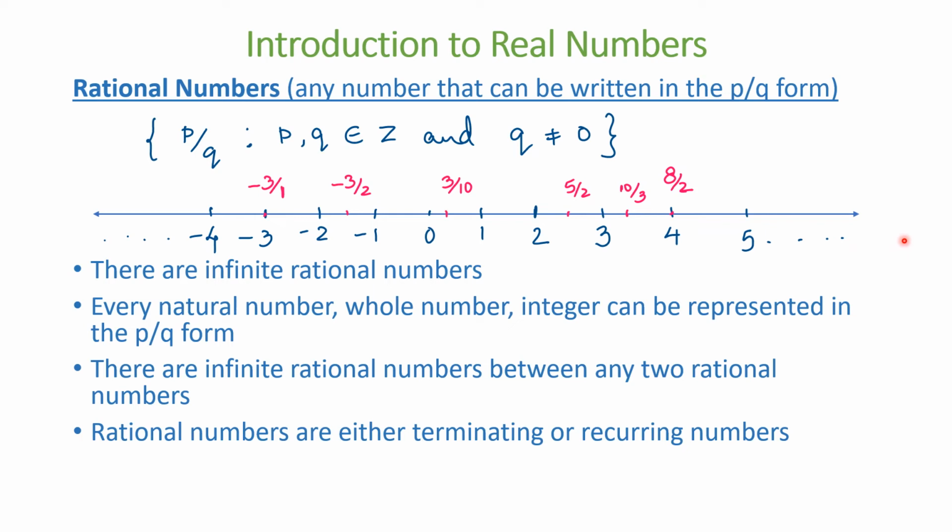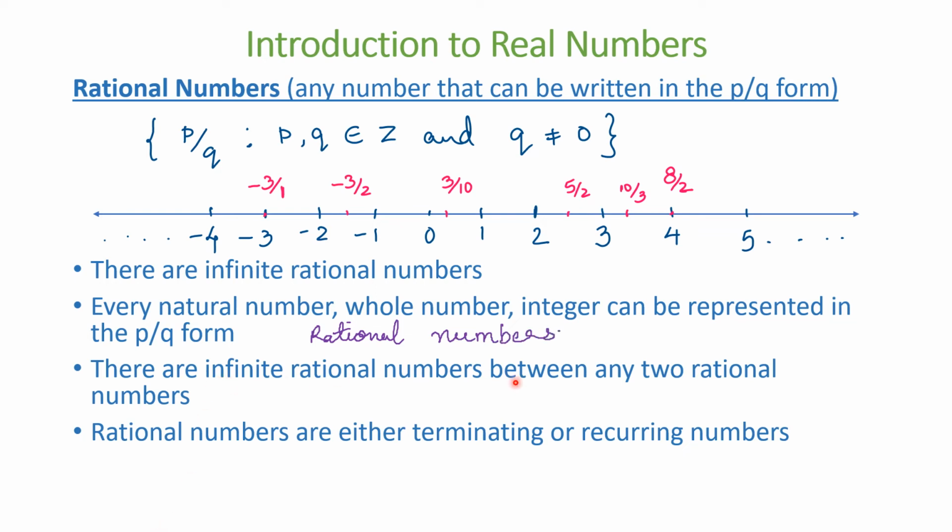There is no biggest rational number also. Every natural number will be a rational number. Every whole number, every integer can be represented in the P by Q form, and therefore all these are rational numbers, like I had explained to you in my previous slide.